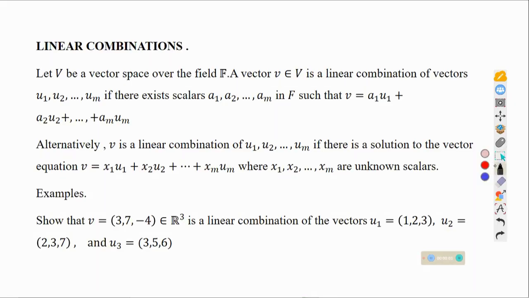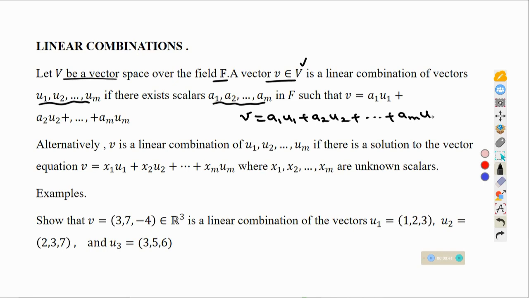Let us now talk about the linear combination. If V is our vector space over the field F, and you pick a vector v from this vector space, then v will be a linear combination of the vectors u1, u2 up to um if we have scalars a1, a2 up to am in the field F, such that v can be written as a1 u1 plus a2 u2 plus up to am um.